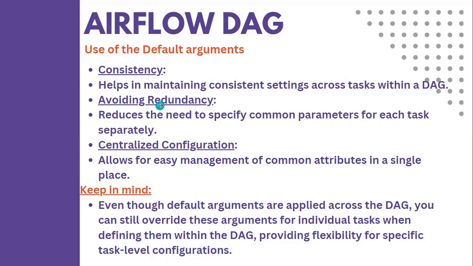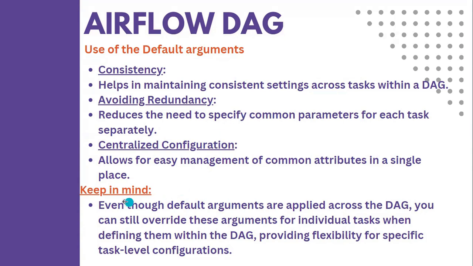Very important, you need to mention this one. It gives centralized configuration. It allows for easy management of the common attributes in a single place. Common attributes can be given in a single Python dictionary object. Using that, you can pass it to the DAG instantiation object. Later on, through the DAG instantiation object, it can be passed to all the tasks of the DAG file.